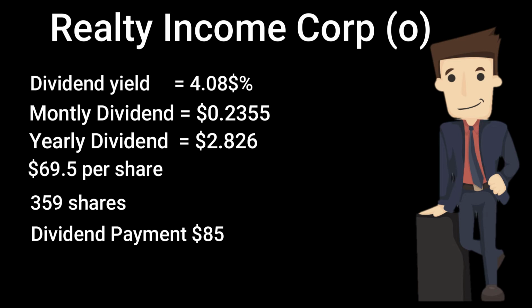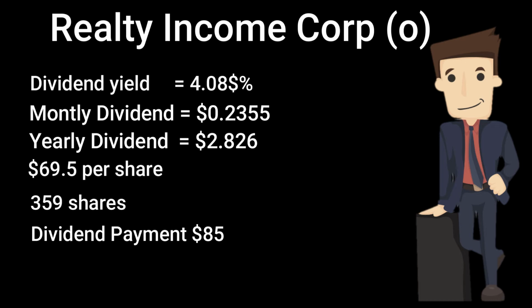Since going public in 1994, Realty Income has produced phenomenal shareholder returns of 15.2% compounded annually. Now, the average duration for a mortgage term is 30 years. So we're going to assume the investor will stay invested for 30 years. To make things simple, we are also going to assume the following.